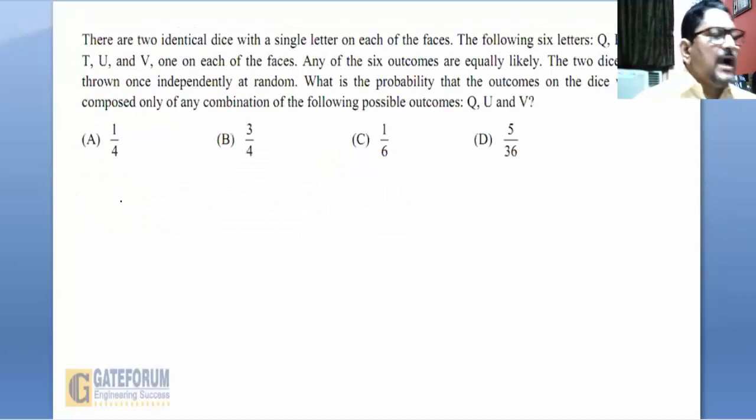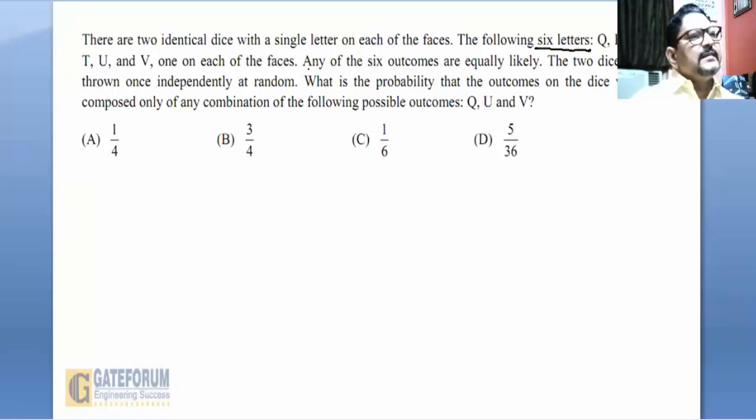There are 2 identical dice with a single letter on each of the faces. Each die will have 6 faces. So hence the following 6 letters, starting from Q, Q, R, S, T, U, V, are present, one on each of the faces.